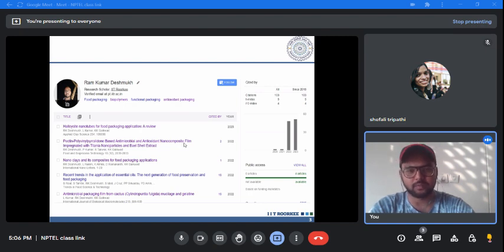Just like we search something on Google, you can go to Google Scholar and search whatever you like to read. Technical papers published by different authors from all over the world are available on the site. So that is it for the Google Scholar profile. I hope you understand this.